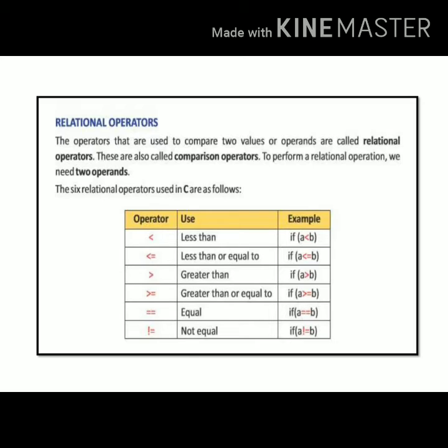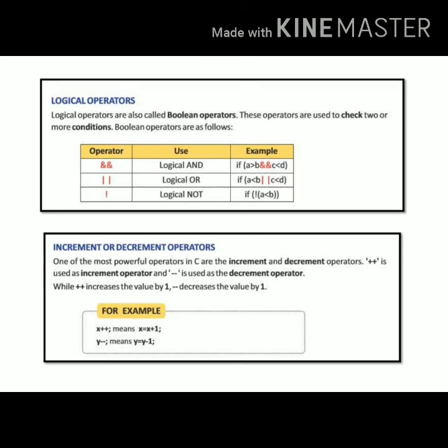For equal to, in C language we write a double equal to sign, and also the not equal to sign. These are also called comparison operators, because we are comparing two variables. Suppose a is greater than b, a is less than b, a is equal to b. While writing the program we make use of these kinds of operators.